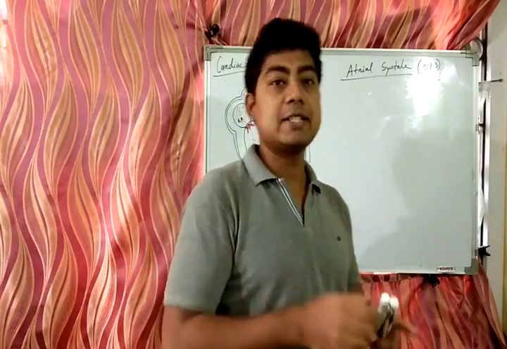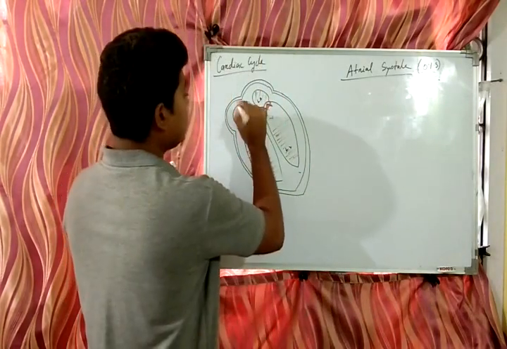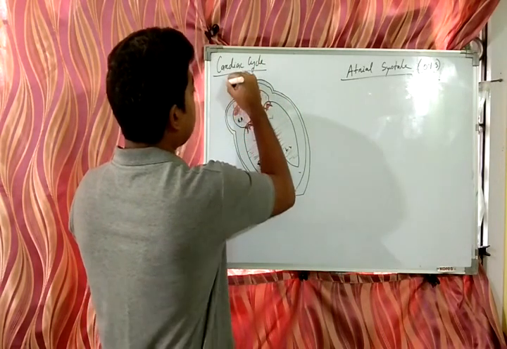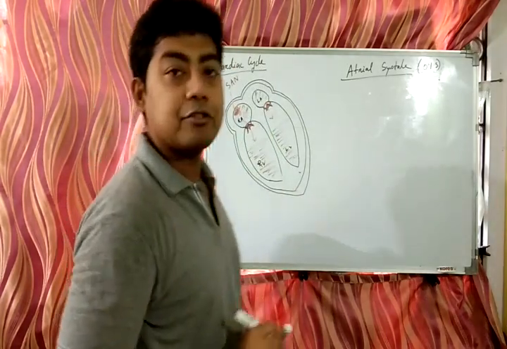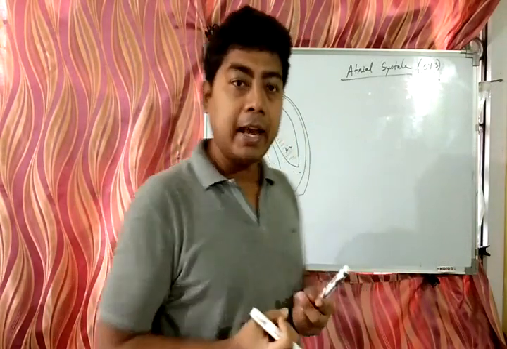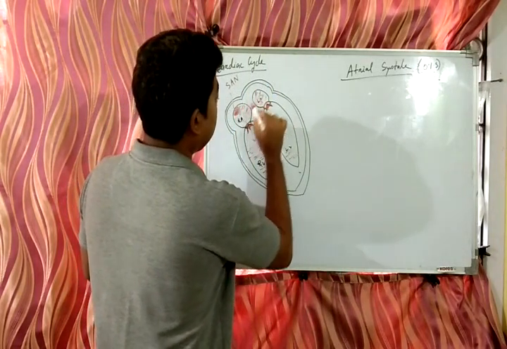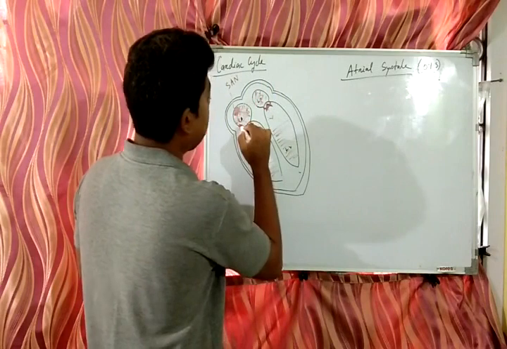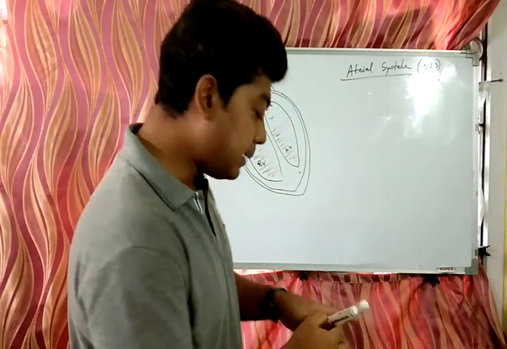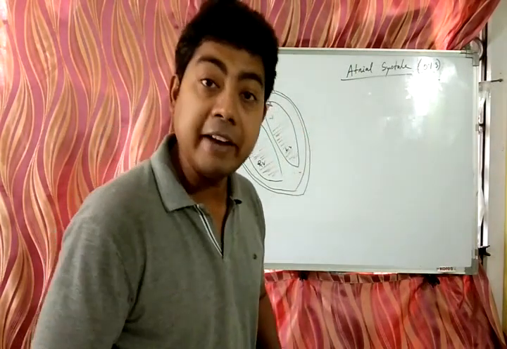So for that a node is there, called the sinoatrial node, SAN, present here. It creates the action potential, and that action potential moves to the left atrium as well as the right atrium. But at the same time, this action potential is unable to move to the ventricle.